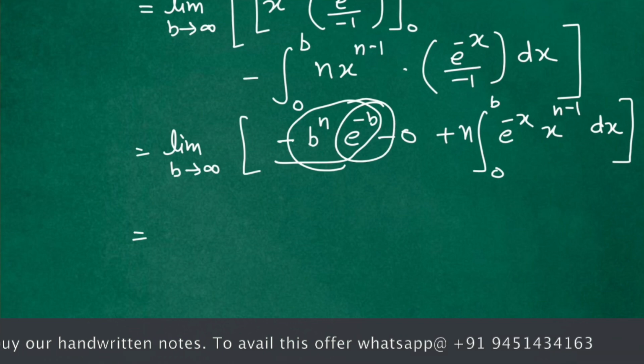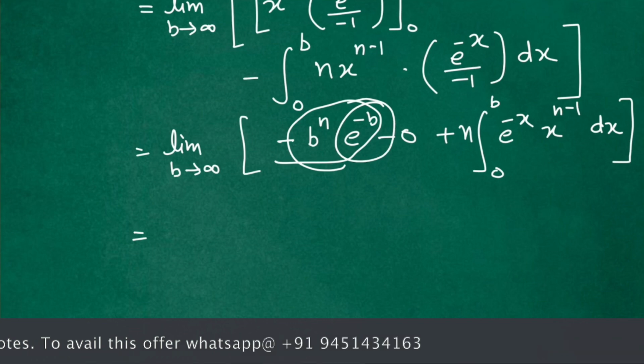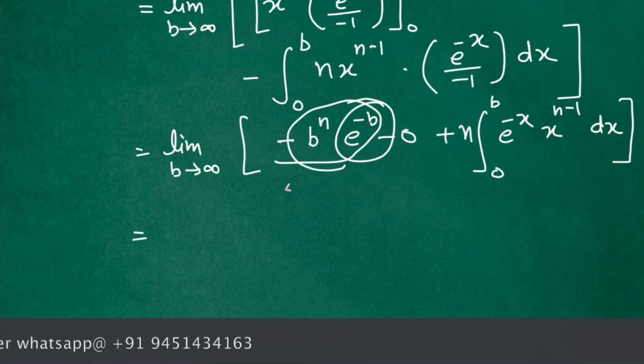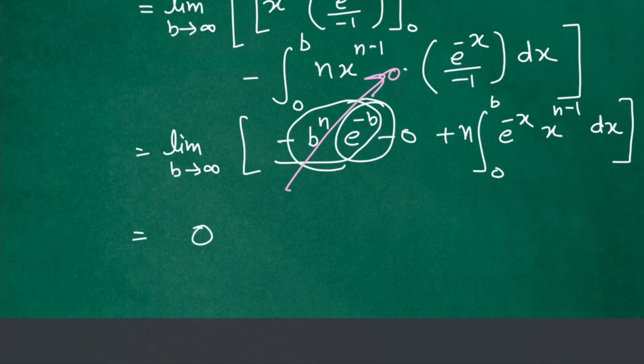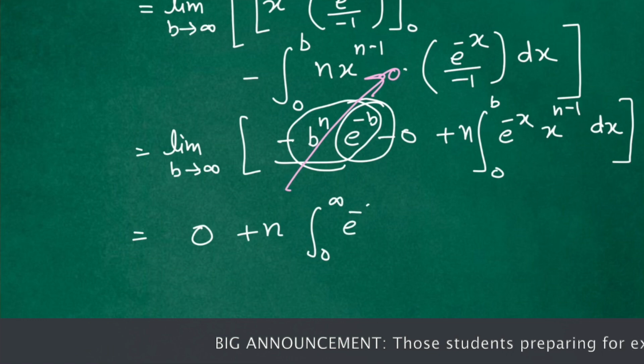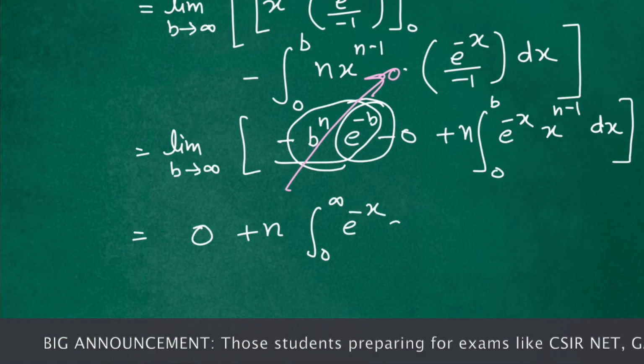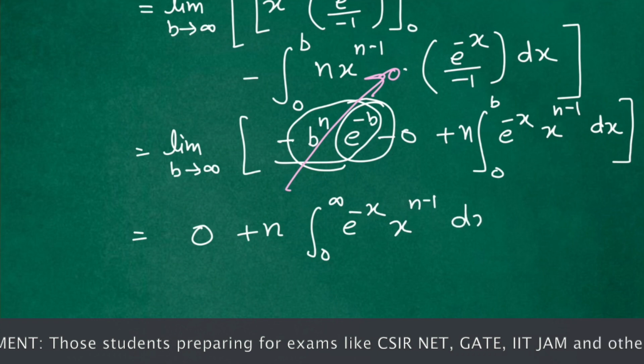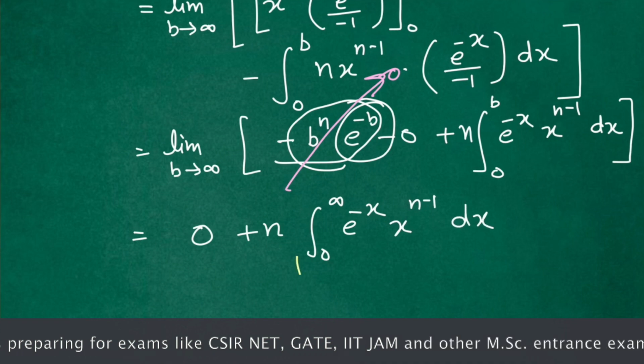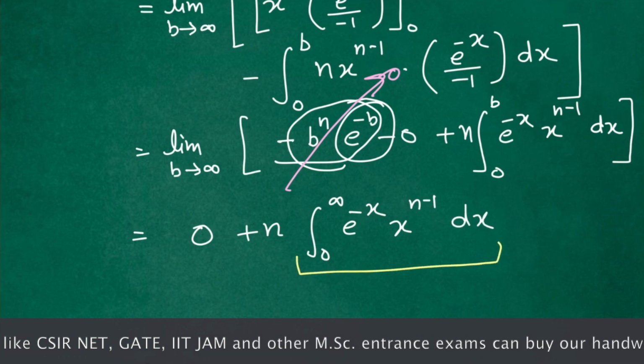When b tends to infinity, e raised to minus b tends towards 0, so this factor will be 0. So we'll have 0 plus n times the integration from 0 to infinity of e raised to minus x times x raised to n minus 1, dx. And this integral is gamma n.